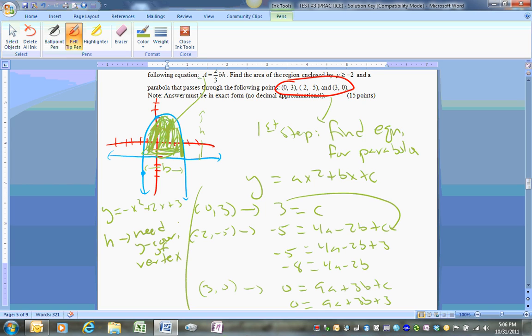This will be very simple. So if I graph -x squared plus 2x plus 3, find the maximum, I get 1 comma 4.